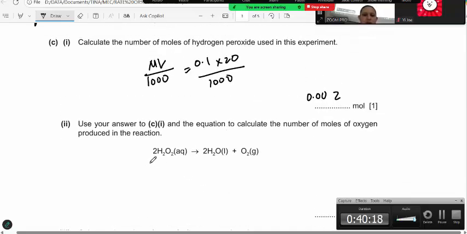Moles of oxygen. If this one is 0.002, this one is 0.001. Okay?